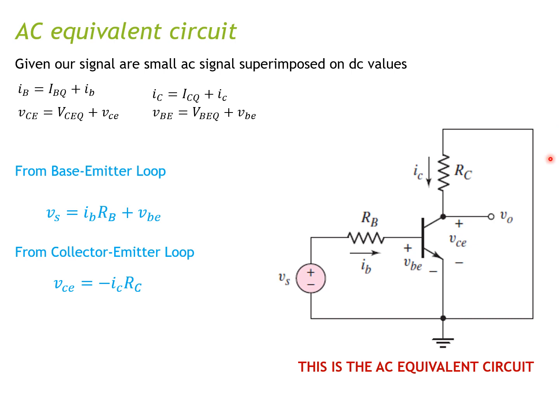One thing to notice is that in this AC equivalent circuit, you technically get rid of all of the supply power. You don't have VCC and VBB anymore, because you already established the equivalent signal for it.